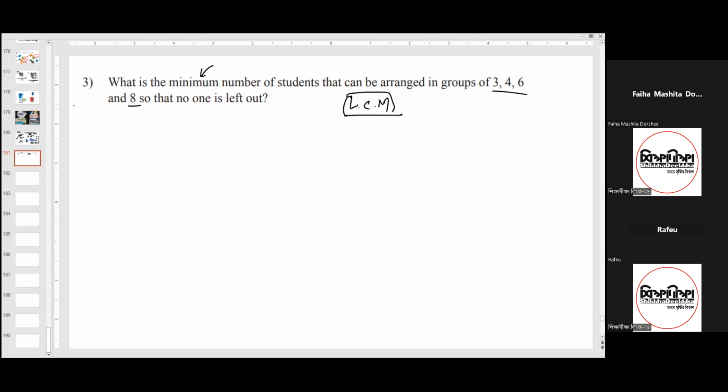Is it the word minimum? I mean, what has the mathematical question asked for? It is asking for the number of students that can be arranged in groups of 3, 4, 6, or 8.